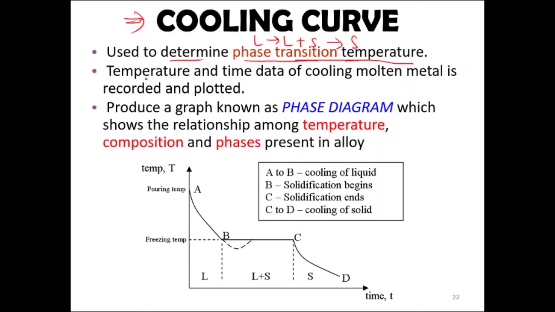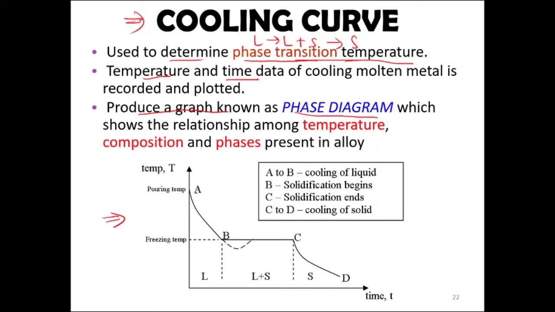The cooling curve shows temperature and time data. It is used to produce a graph known as a phase diagram, which shows the relationship among temperature, composition, and phases present in an alloy.